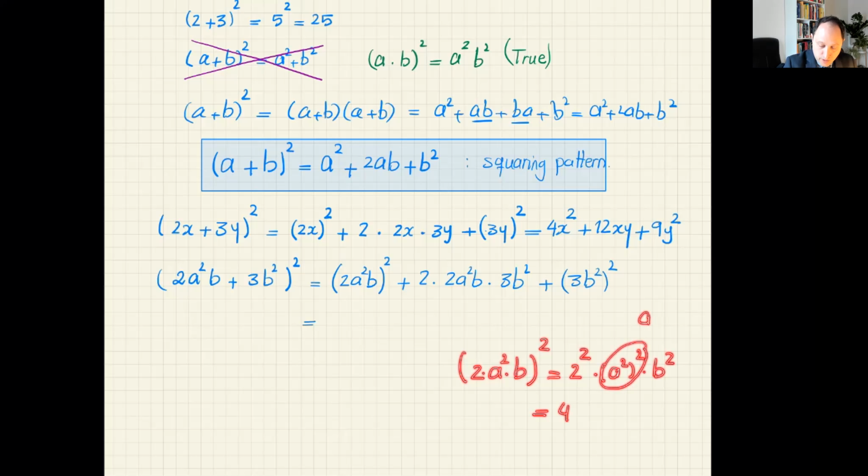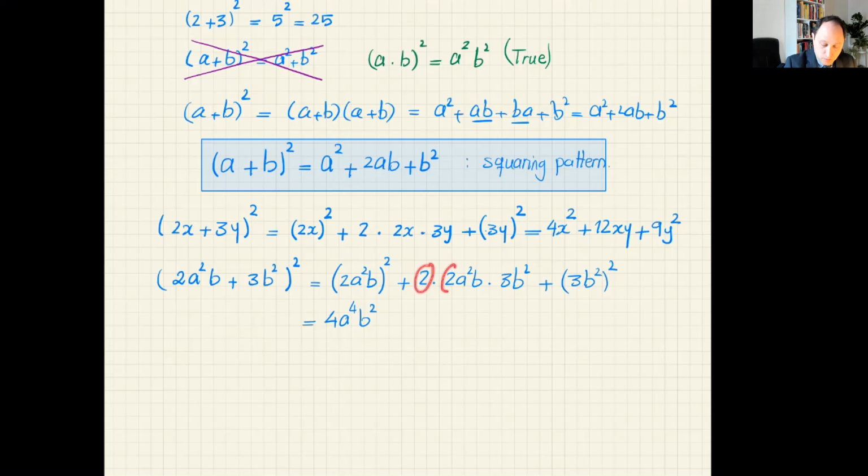You remember there is a rule for this. If I have a to power m, again to power n, I am allowed to multiply the exponents. So here it becomes a to the 4, and then I have b to the 2. So I expect you can immediately write this. So the first one is 4a to the 4 b squared, yes? And here, everything is a product. So it's better to multiply numbers together.